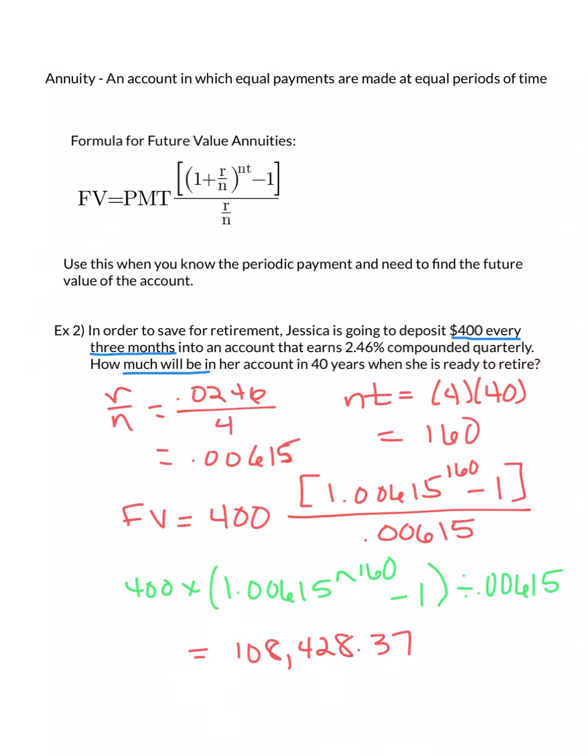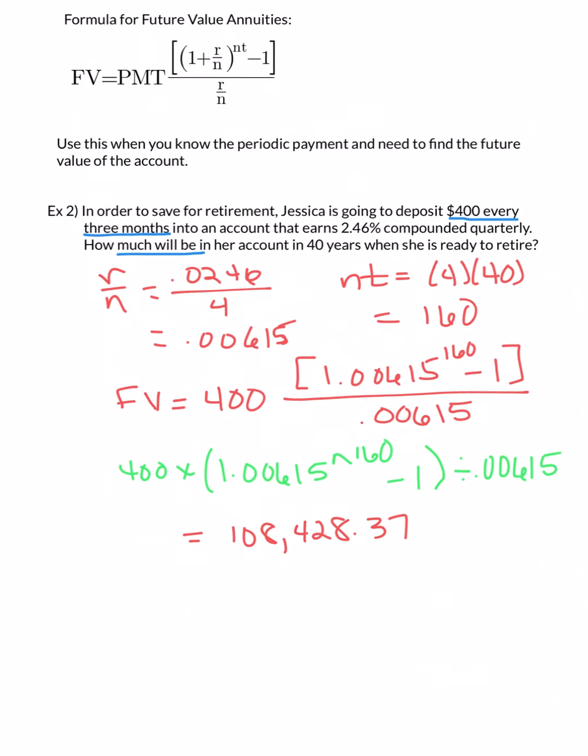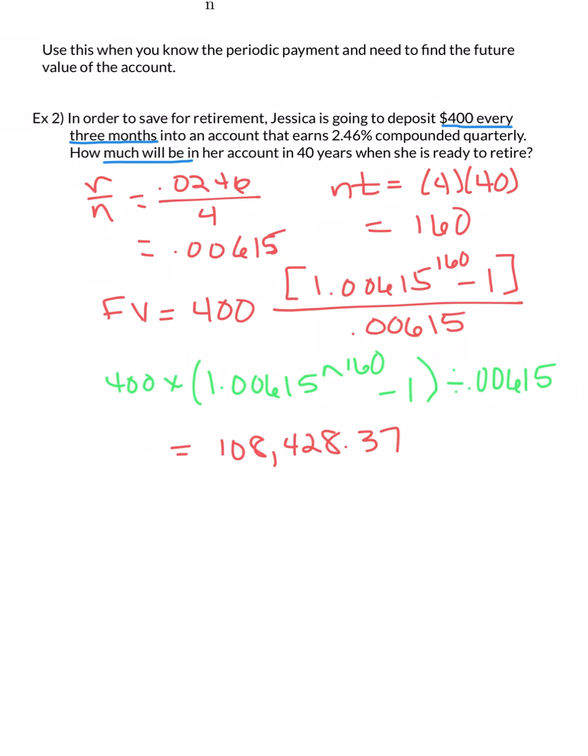At the end of 40 years, and all these deposits and all the interest earned, the account would have $108,428.37. Is somebody going to be able to retire and live on that? No. Maybe for a year or two, but that's about it.